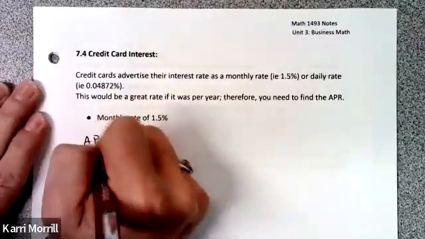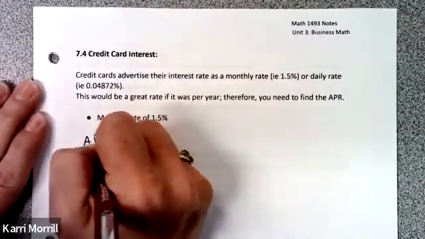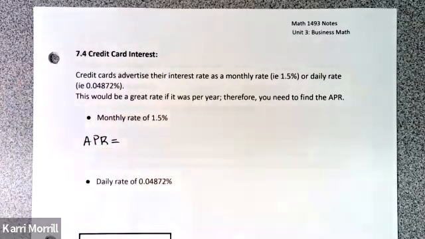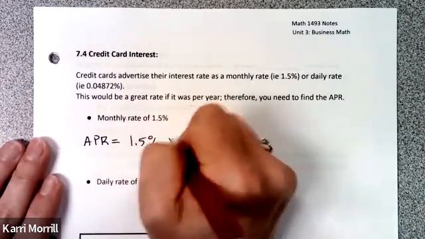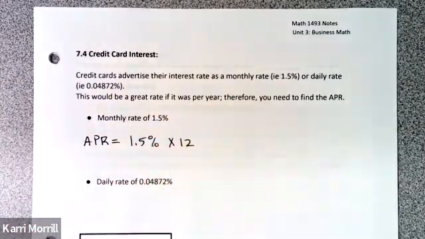So let's do that with this. If a credit card tells you you have a rate of 1.5%, and that is per month, we are really just going to say 1.5% times 12 in this case. Because you have 12 months, you don't have to go back to the formula.